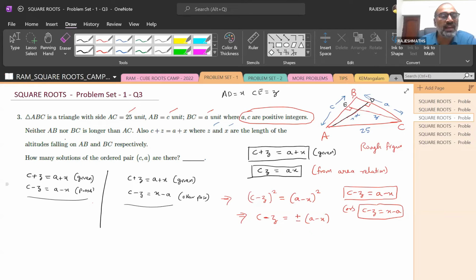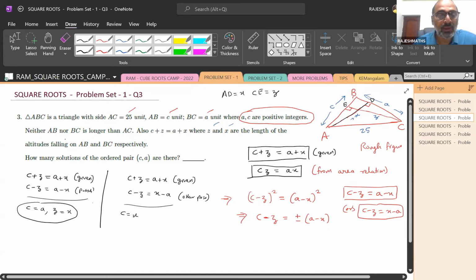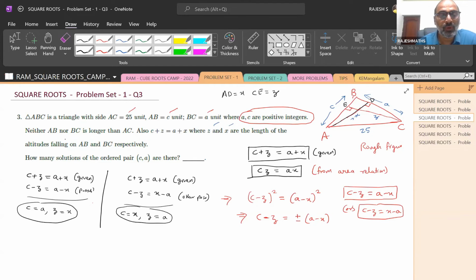So on the left hand side, you see C plus Z, C minus Z, you add, 2C equals 2A. So C equals A, Z equals X. This is what you get from the left hand side. On the right hand side, if you add, 2C equals 2X, so C equals X. Sorry, second, C equals X, and so that means this is one possibility and that is the other possibility.